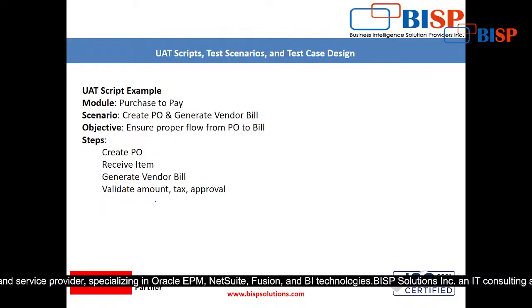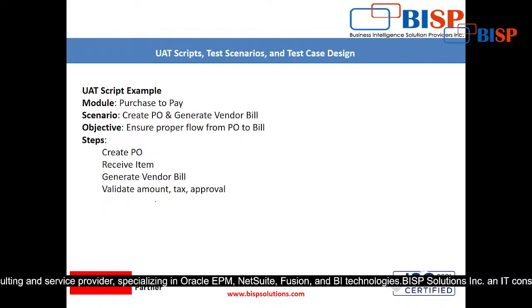I am showing you the UAT script example. For example, module: purchase to procure, purchase to pay. Scenario: create PO, generate vendor bill. Okay. Then you will see the objective: ensure proper flow from purchase order to bill. Right.